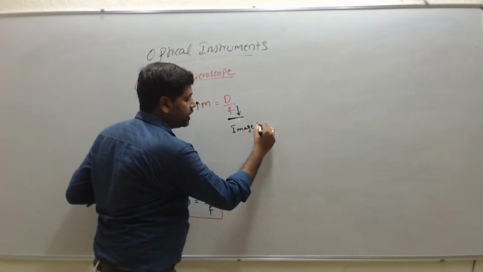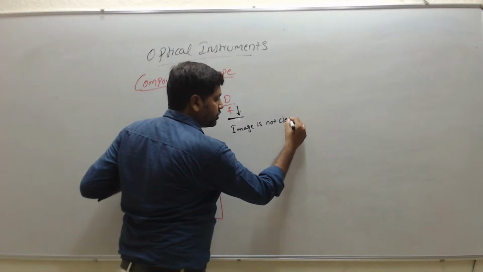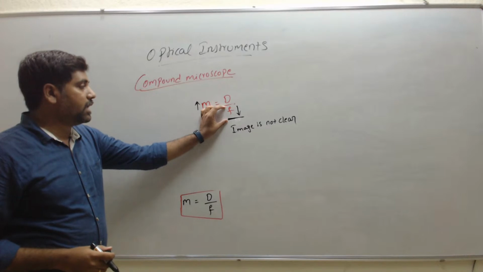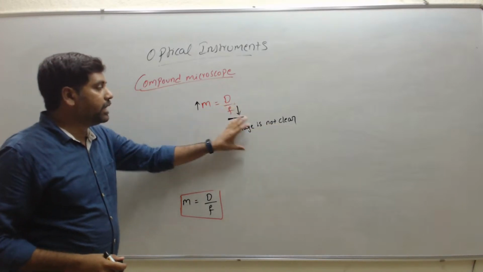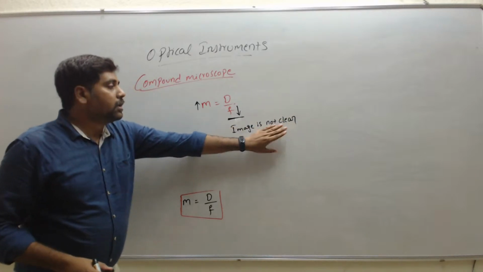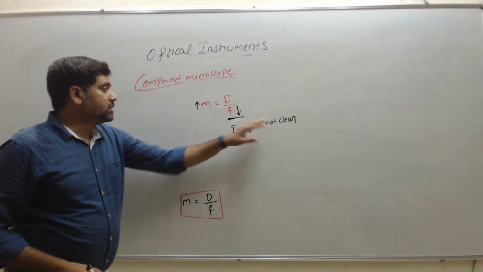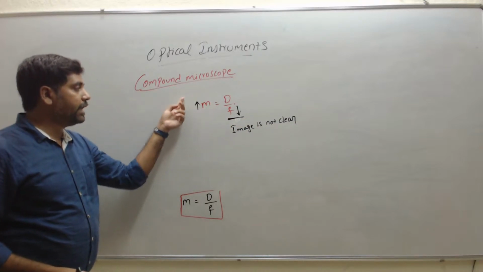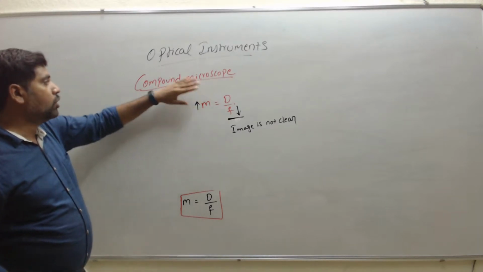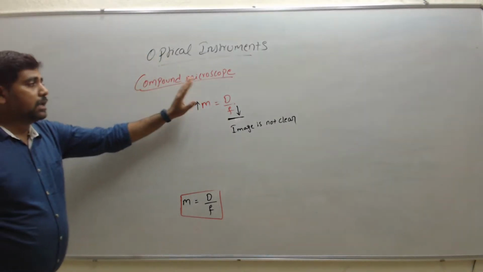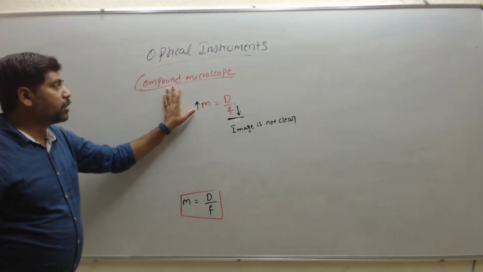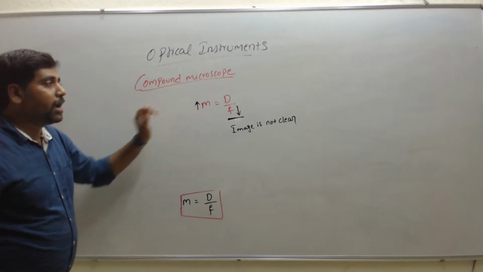If we decrease the focal length of the convex lens, the image is enlarged, but it is not clear. It is blurred in nature. To increase the magnification, we have to insert another lens, compounding one on another, which is why it is called a compound microscope.